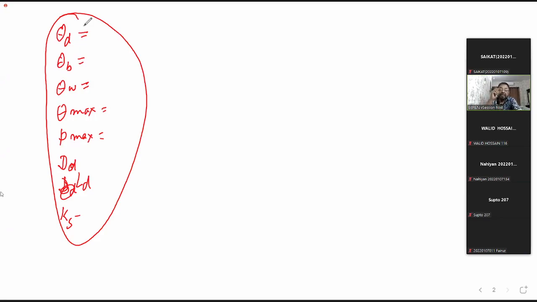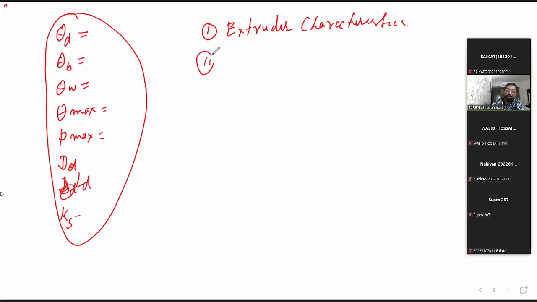Now today we are going to study two things. One is the extruder characteristics. Number two, we are going to study die characteristics.